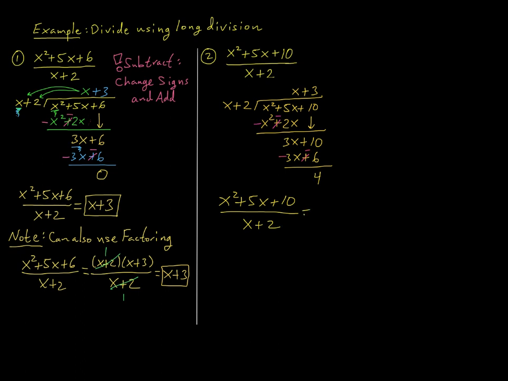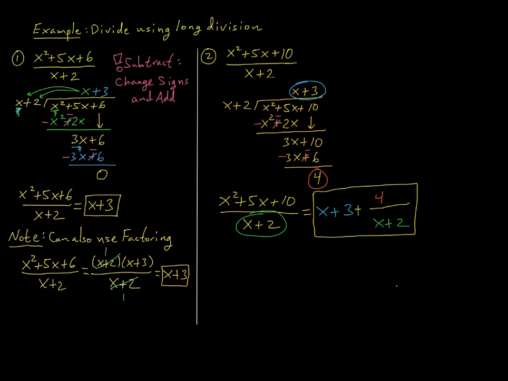I have my quotient here of x plus 3, and then I have my remainder of 4, and then I have my divisor of x plus 2. So I'm doing quotient plus remainder over divisor. And that is the result of this division.